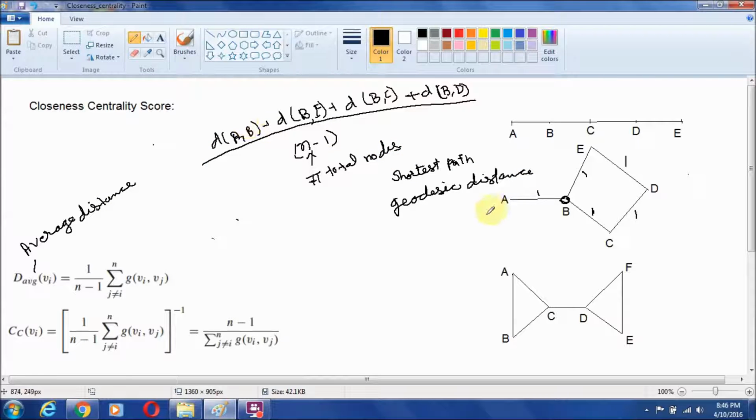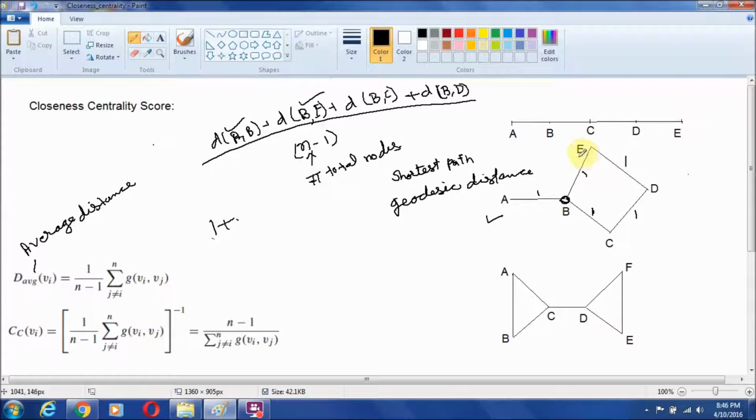So in this case, the average distance of B with respect to all other nodes of the graph will be 1 for this part.